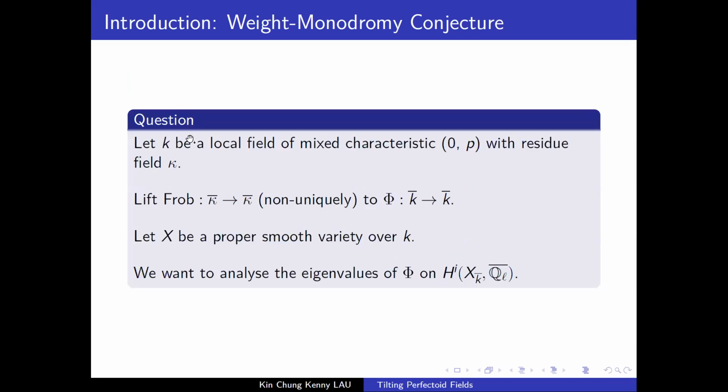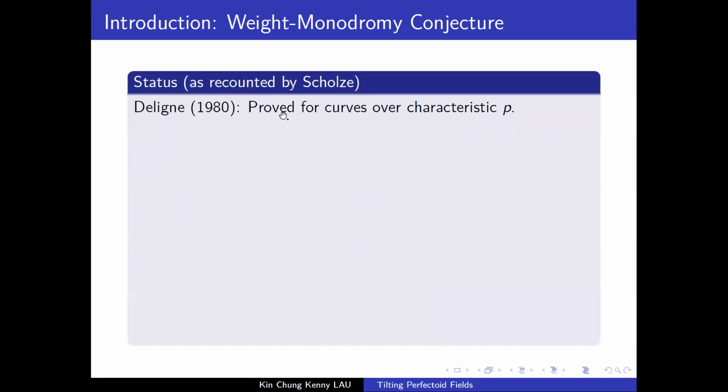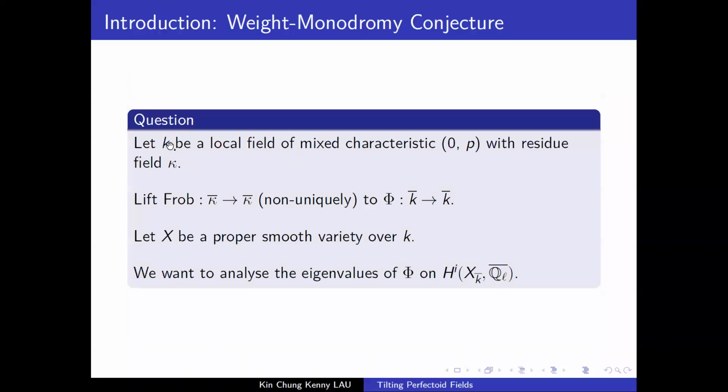So the status of this conjecture: firstly, in around 1980, Deligne proved this conjecture for curves over characteristic p. So K here is replaced with a field of characteristic p, maybe with more assumptions, and X has to be a curve, so only one dimension.